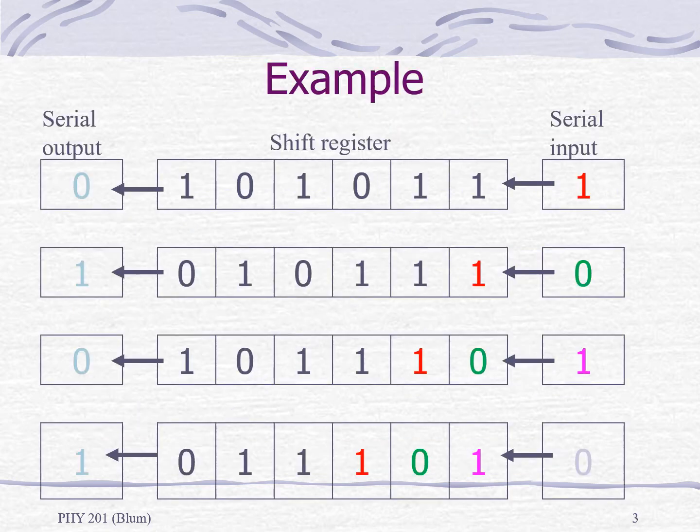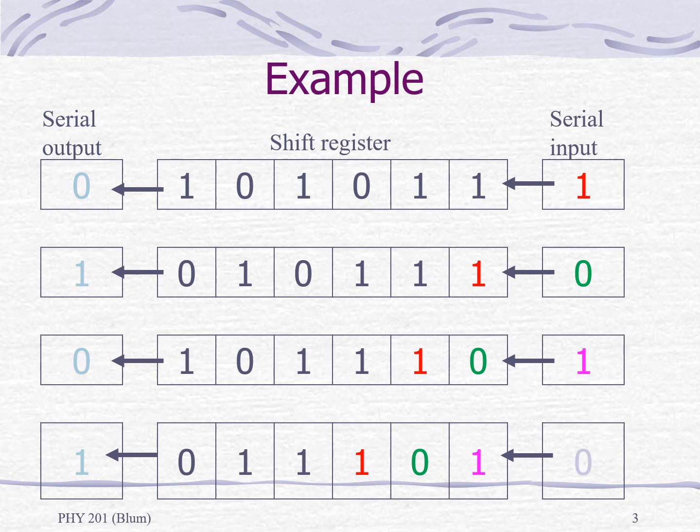In this example, we are showing a 6-bit shift register that shifts to the left. We have some initial value that the shift register is holding, and then each bit is shifted one over to the left.